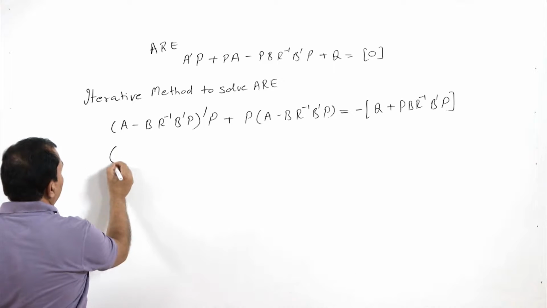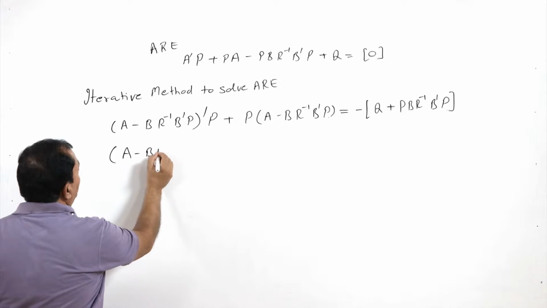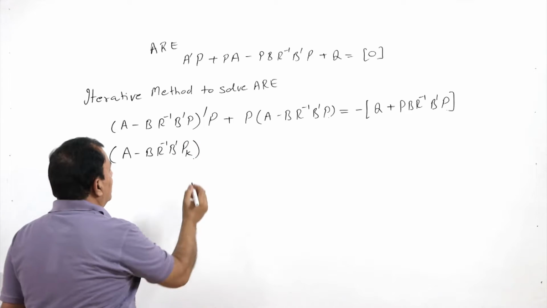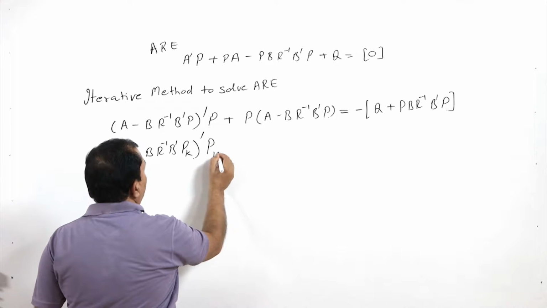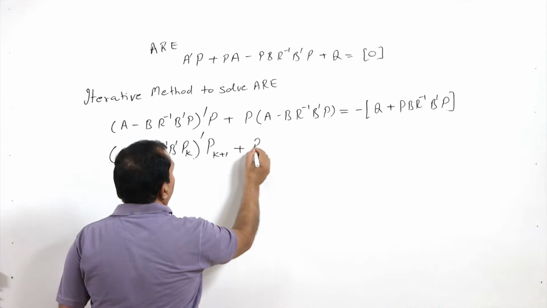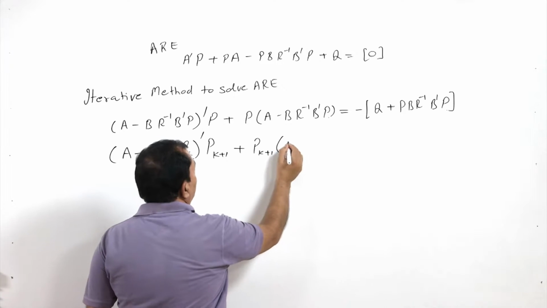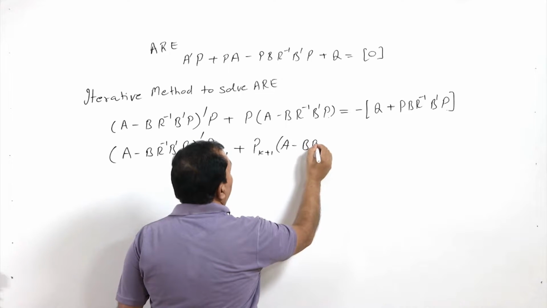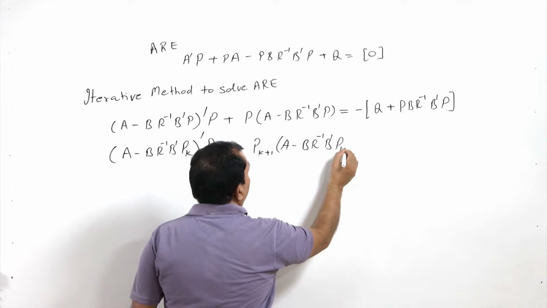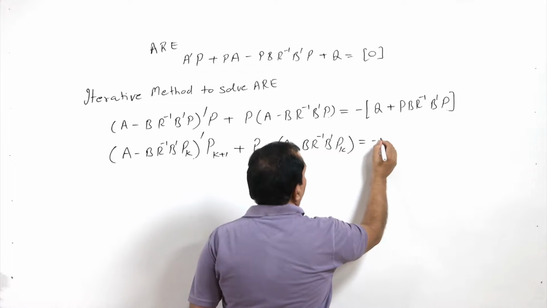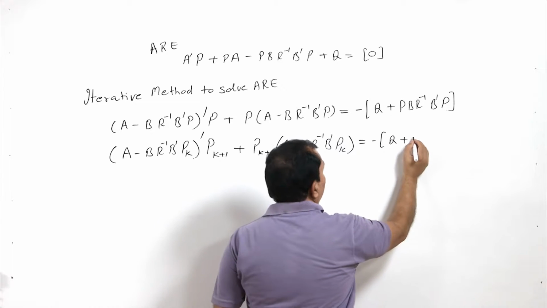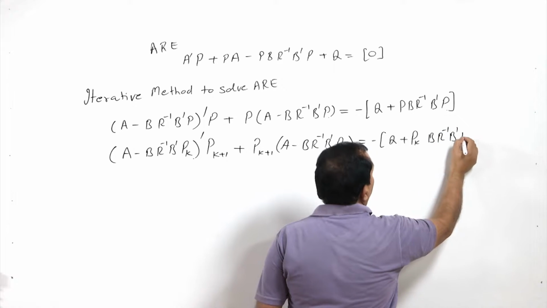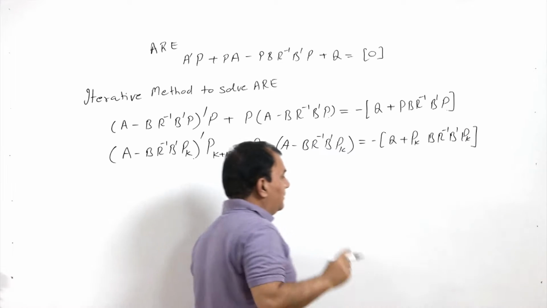This means we write this as A minus B R inverse B prime Pk transpose Pk plus 1 plus Pk plus 1 A minus B R inverse B prime Pk equals minus Q plus Pk B R inverse B prime Pk.